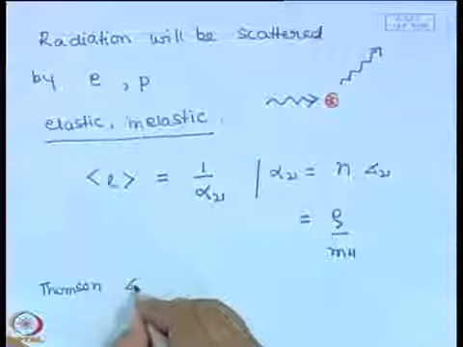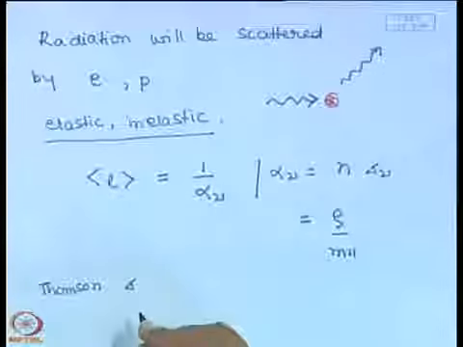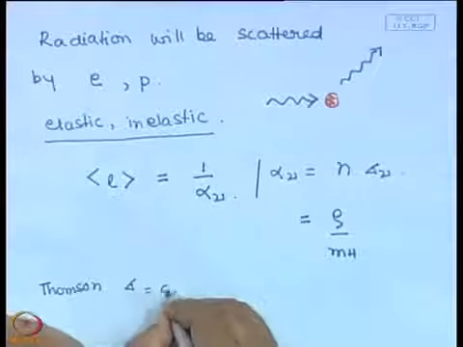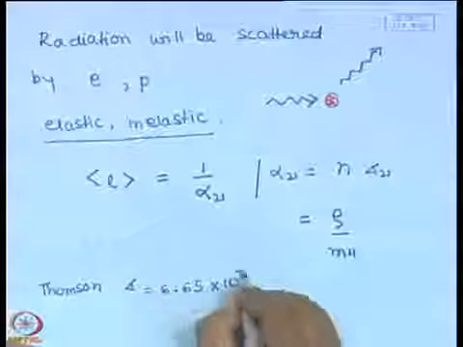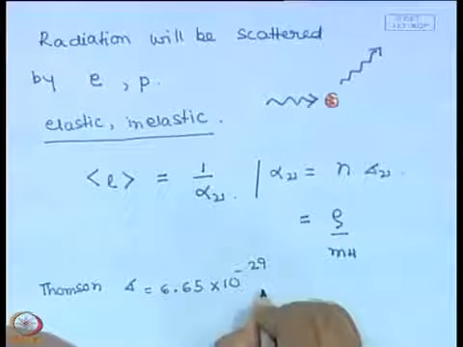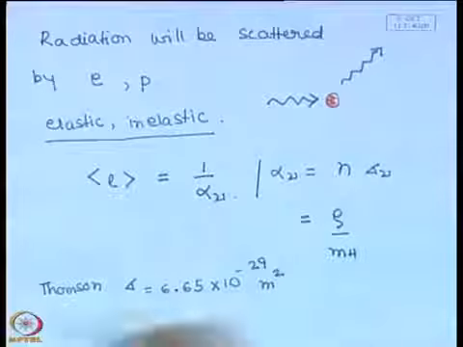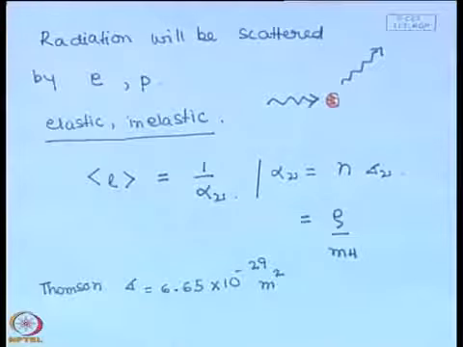And it has a value sigma which is independent of frequency, and the value is 6.65 into 10 to the power minus 29 meter square. We have already discussed this earlier. Okay, this is Thomson scattering.